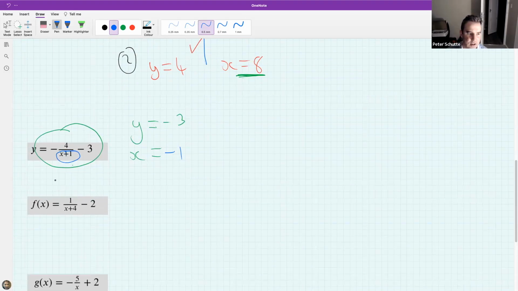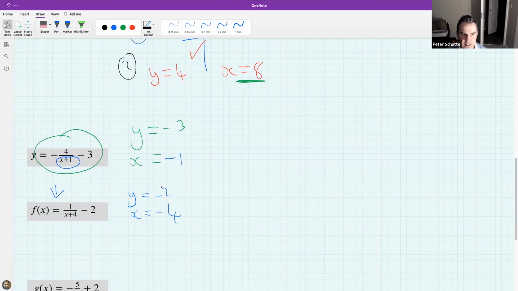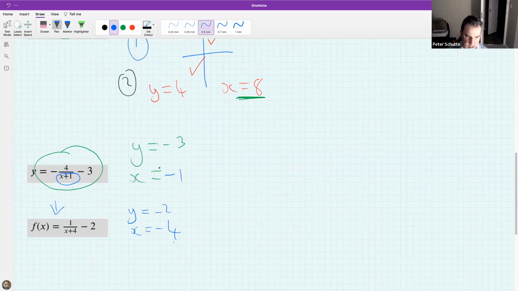If I look at this one, what are my asymptotes going to be? Okay, so y equals minus 2 and x equals minus 4. Yes, exactly. Okay, so I think everyone's got it. I can see in the chat that we are seeing some happy voices. I just wanted to make sure that that was clear.